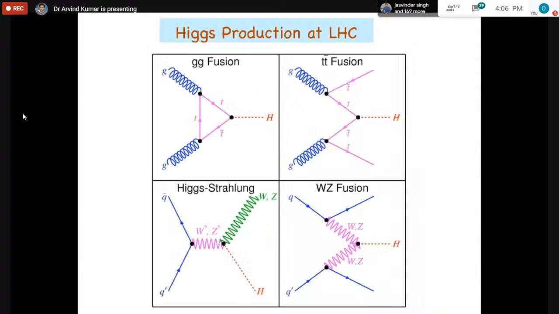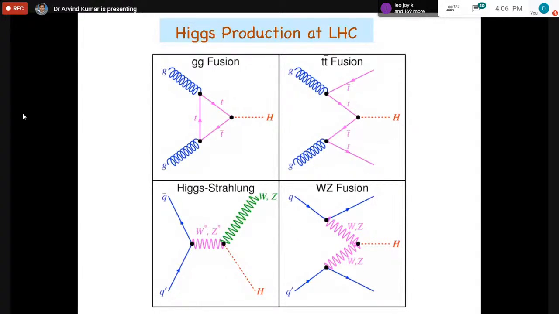Next, let's take the example of Higgs production. The main production at LHC is not by two quarks. It is two gluons, one from each proton, which fuse together and produce a Higgs. Similarly, two top quarks can come in.